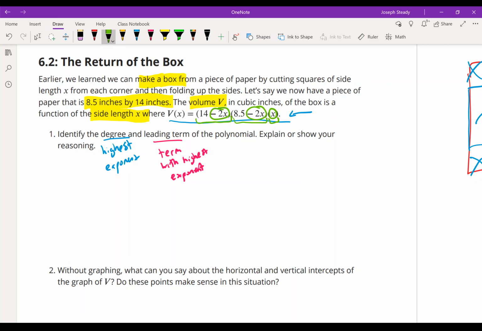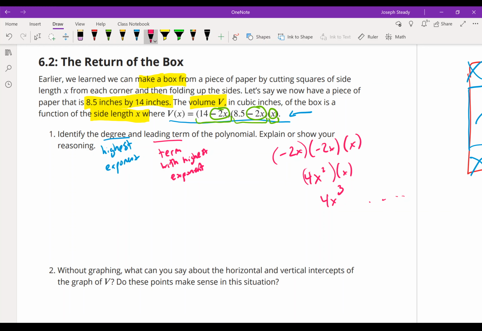If I multiply those together, negative 2x times negative 2x times x, that gives me positive 4x squared times x, which gives me positive 4x to the third. Obviously, there's a lot more to this polynomial, but we are just looking at the leading term.